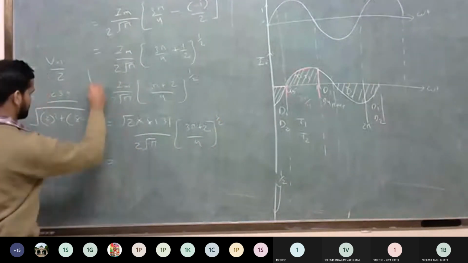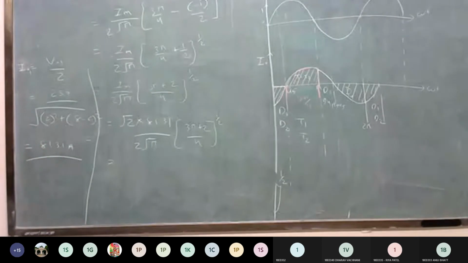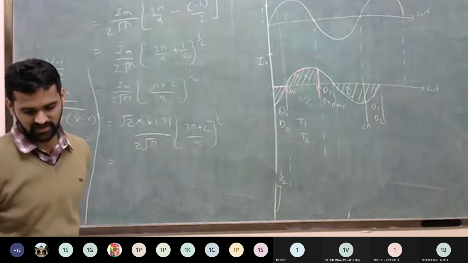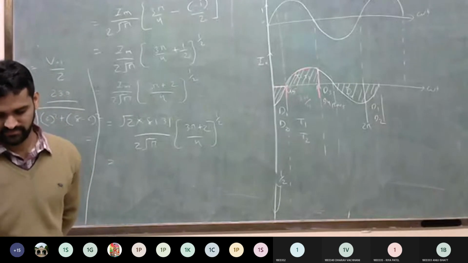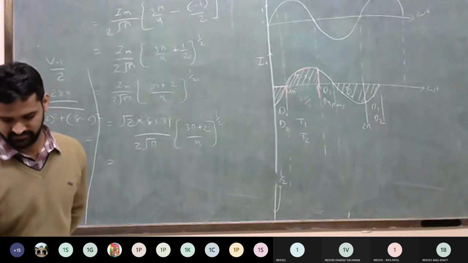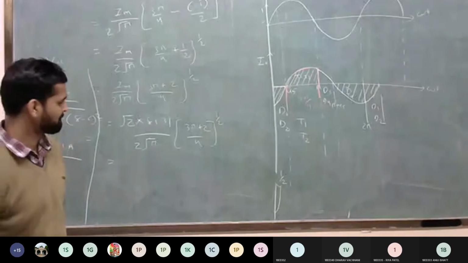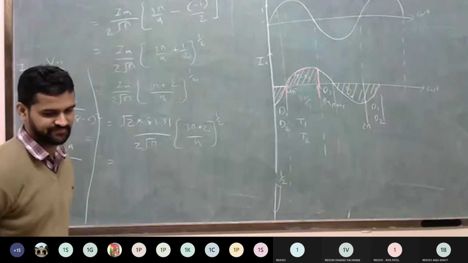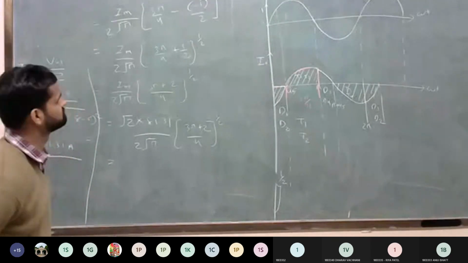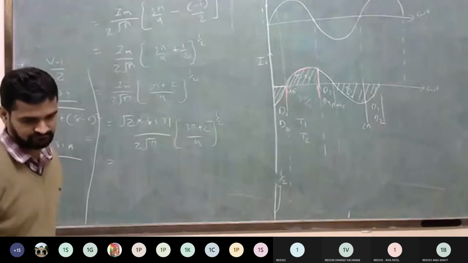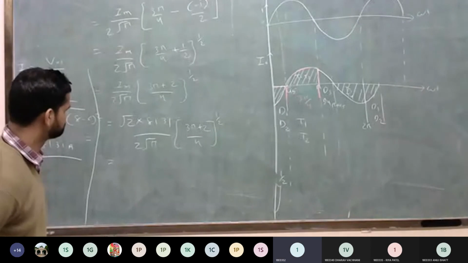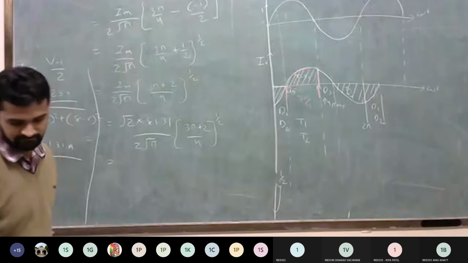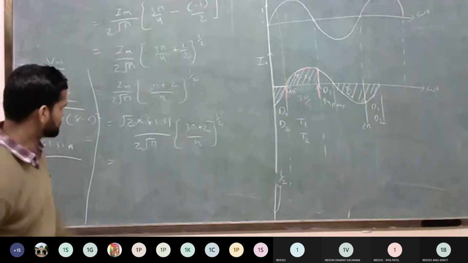Now finally give the answer of this. So our answer is the RMS value of thyristor current. It is a square root.